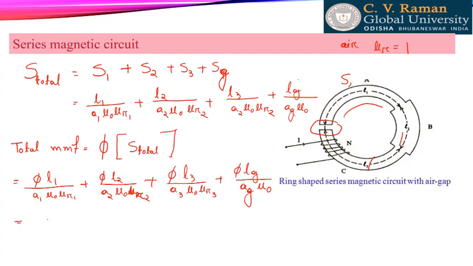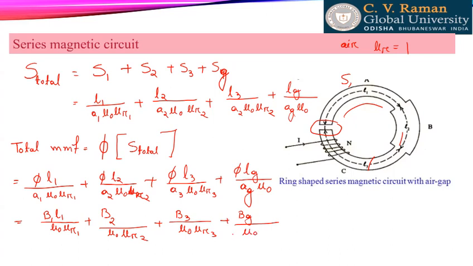Now you can see flux divided by area is B. So I can write B1 L1 divided by mu naught mu R1, plus B2 L2 divided by mu naught mu R2, plus B3 L3 divided by mu naught mu R3, plus Bg into Lg divided by mu naught.